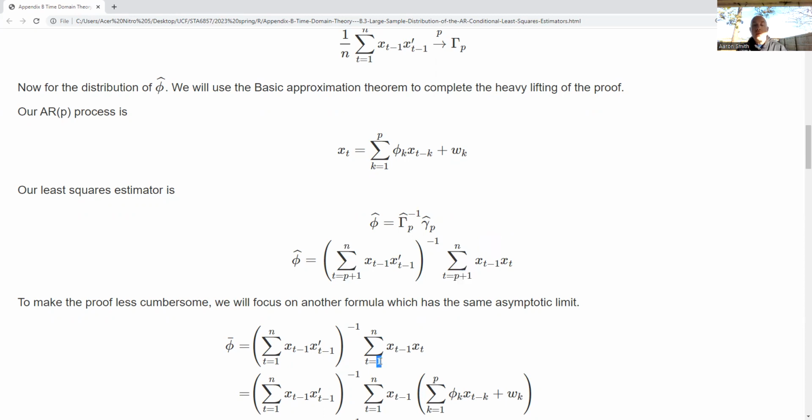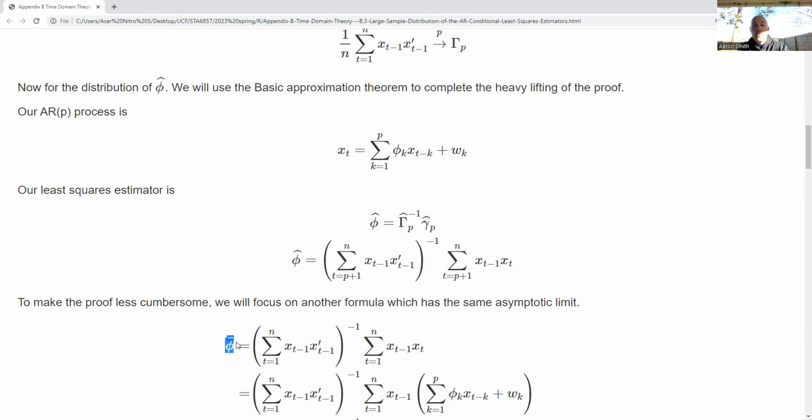Okay, so why are we doing that? It's just going to be easier to work through the proof. Now, why is this reasonable? Well, if I'm looking asymptotically, I'm talking about convergence, I'm talking about the large sample aspect of it. When I get tons and tons of data observations, it's not going to really be that big of a difference to go from here to here or vice versa.